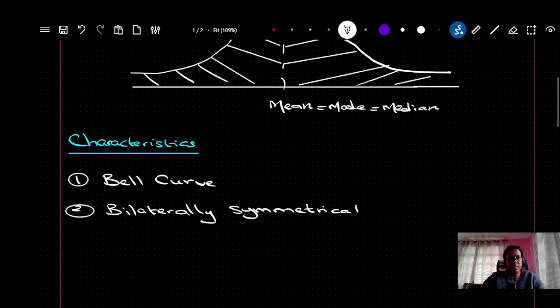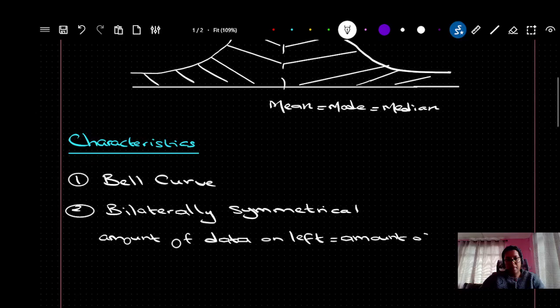What this means is that the amount of data on the left is equal to the amount of data on the right.